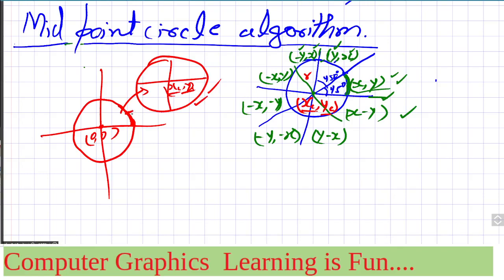One thing that we can understand here is that for finding something in one octant, we just keep increasing the value of x and finding the values of y.